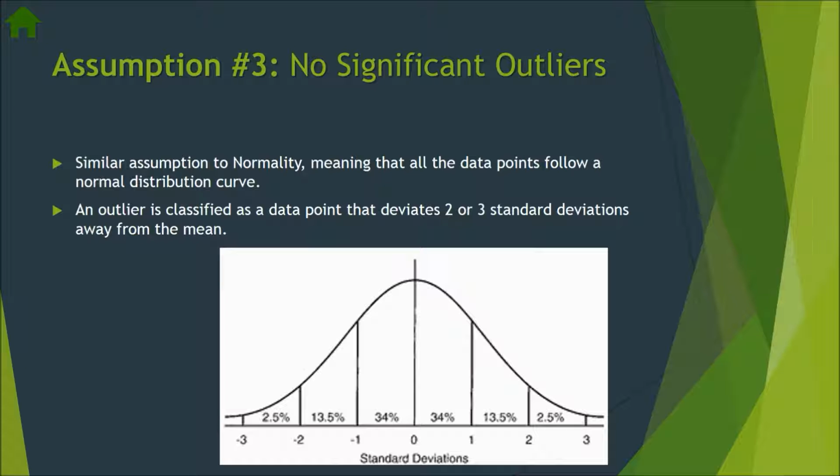Now, if we identify outliers, it's then up to the researcher themselves to decide whether or not they want to include those data points or whether to remove them. So, with this assumption, somewhat of the responsibility lies on the researcher whether or not they want to include the outlier or remove them from their data.